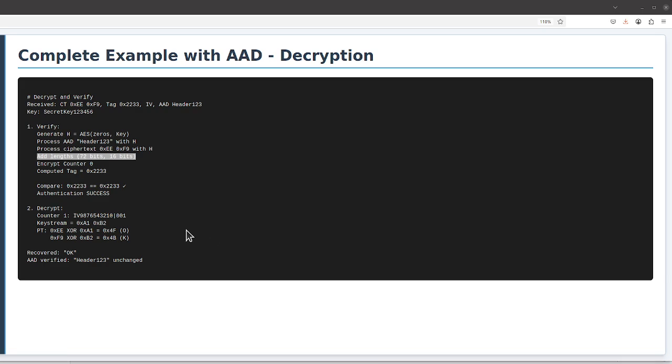The receiver has successfully verified the authenticity of both the AAD, header 123, and the encrypted payload, and recovered the original message, OK. If either the ciphertext, the AAD, or even the IV had been modified, the authentication would have failed, and the message would have been rejected.